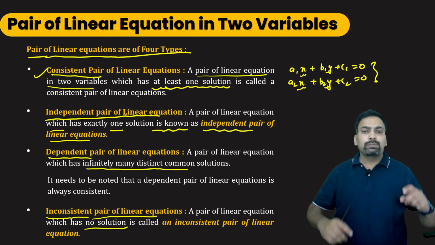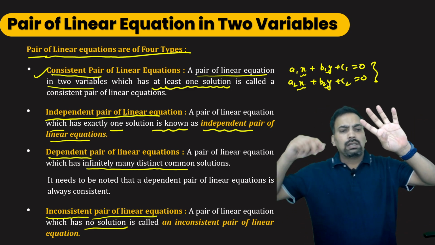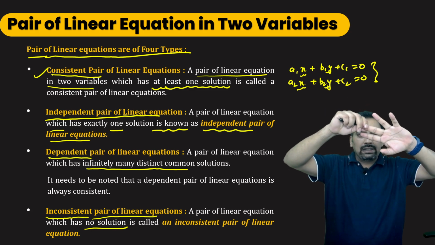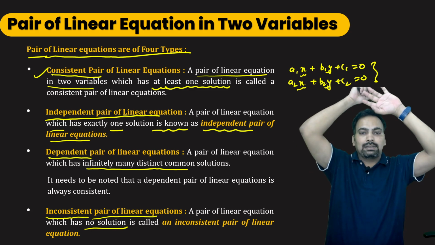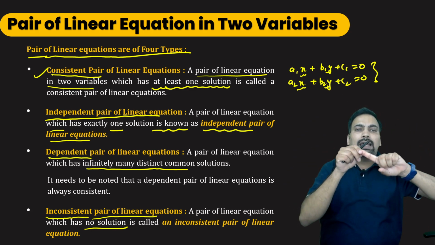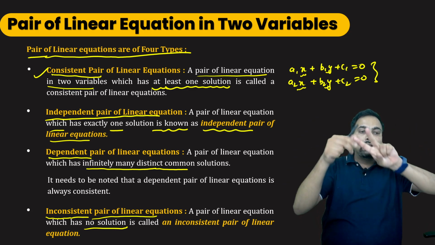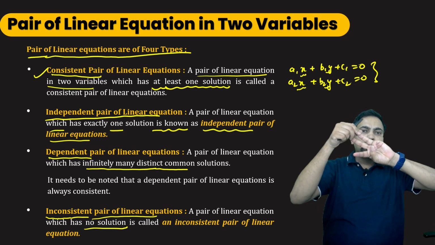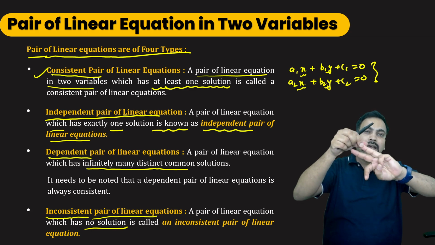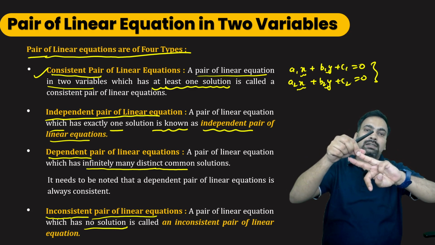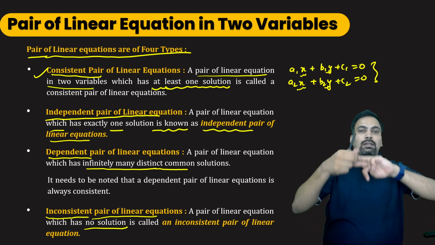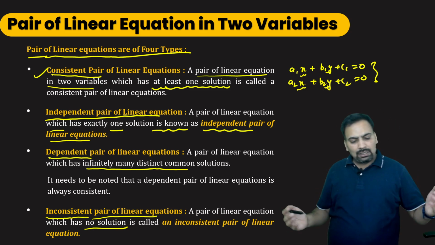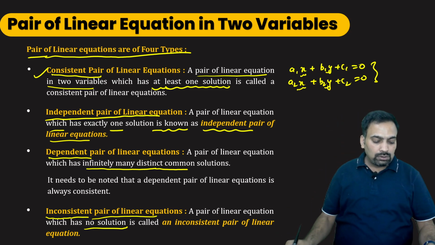So there are four types of pair of linear equations: consistent, independent, dependent, and inconsistent. Consistent, at least one solution. Independent, exactly one solution. Dependent, infinitely many distinct solutions. And inconsistent, no solution.